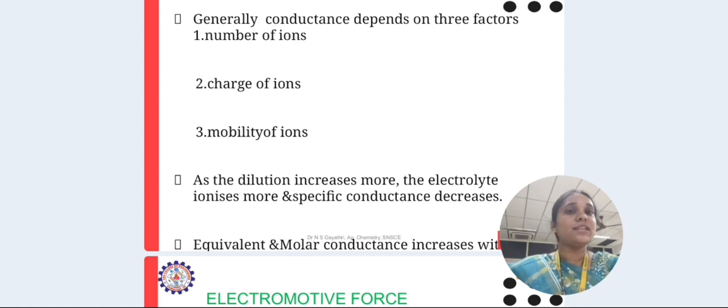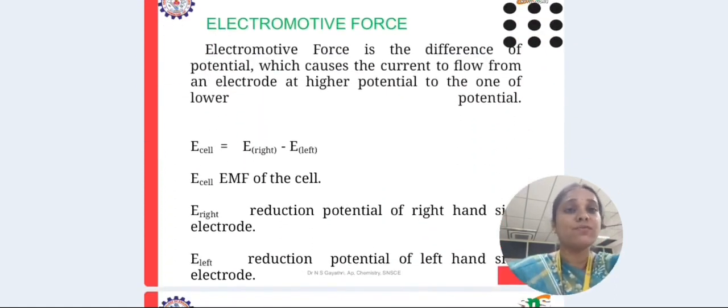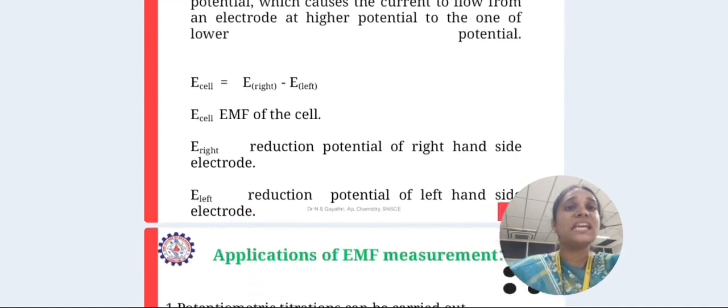So, the effect of dilution: conductance depends on the number of ions, charge of ions and mobility of ions. As the dilution increases, only the specific conductance decreases, but the equivalent and molar conductance increase with the increase of dilution.